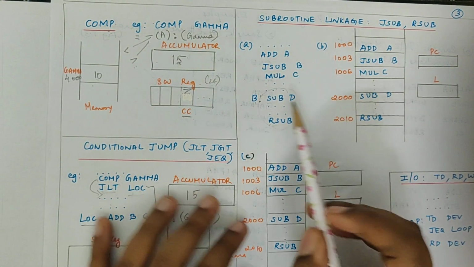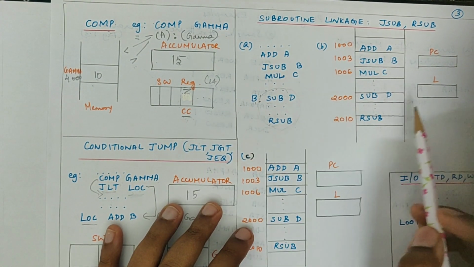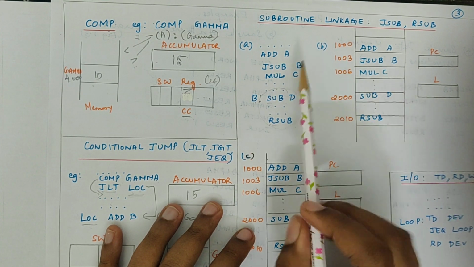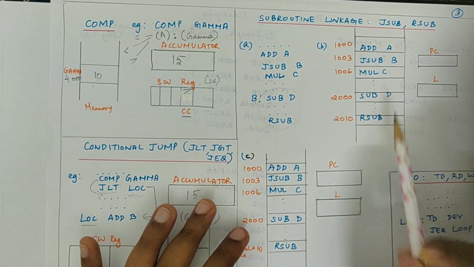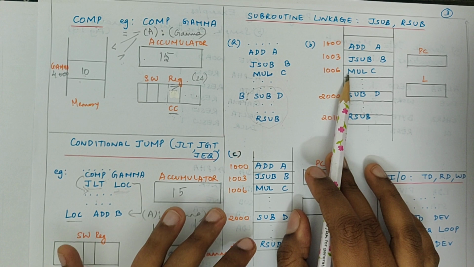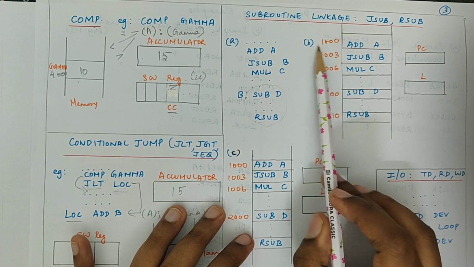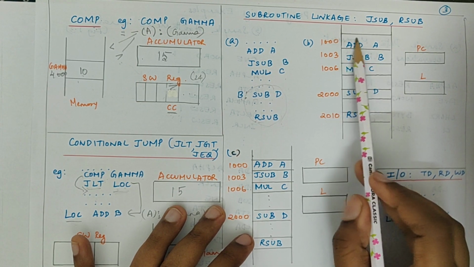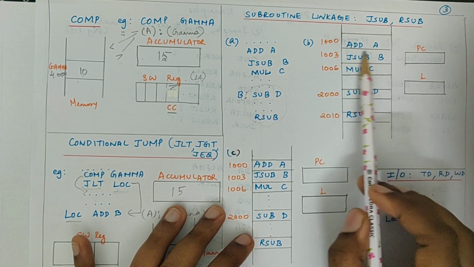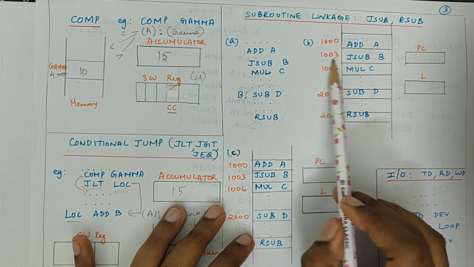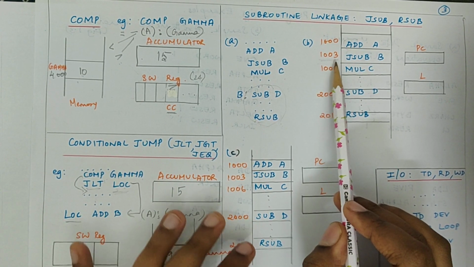Now let's see what happens when this is loaded into memory. Let's assume that these instructions are loaded at the following addresses. Say ADD goes to address 1000. Since you already know that the length of an instruction in SIC is 3 bytes, the next instruction will be loaded at the address 1003.